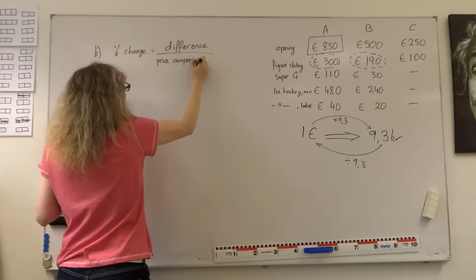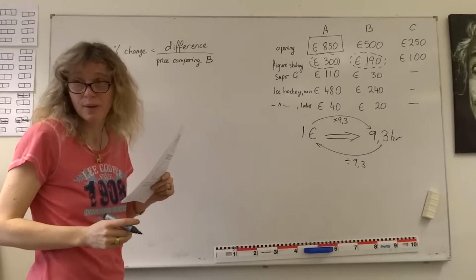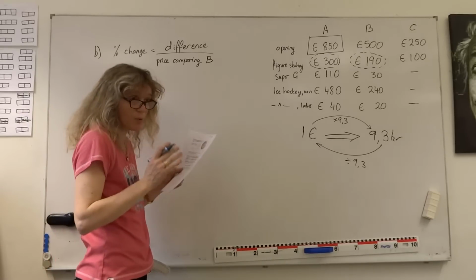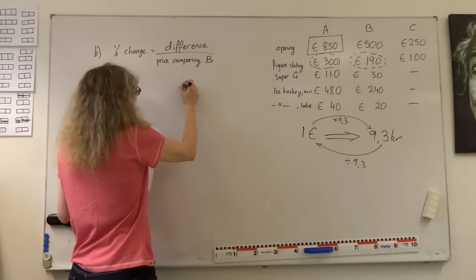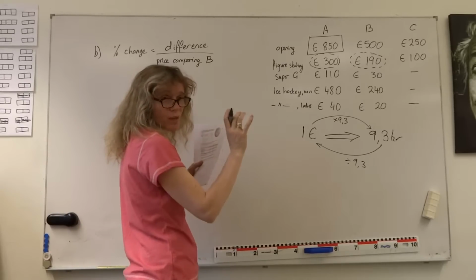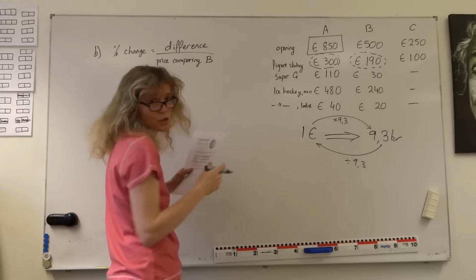And it says compared with category B. Okay? So that's the one that should be on the bottom. Super important here that you put the right one on the bottom. And it's always the one that's after compared with or compared to. So the one that comes after that word, jämfört med, that's the one that's on the bottom.